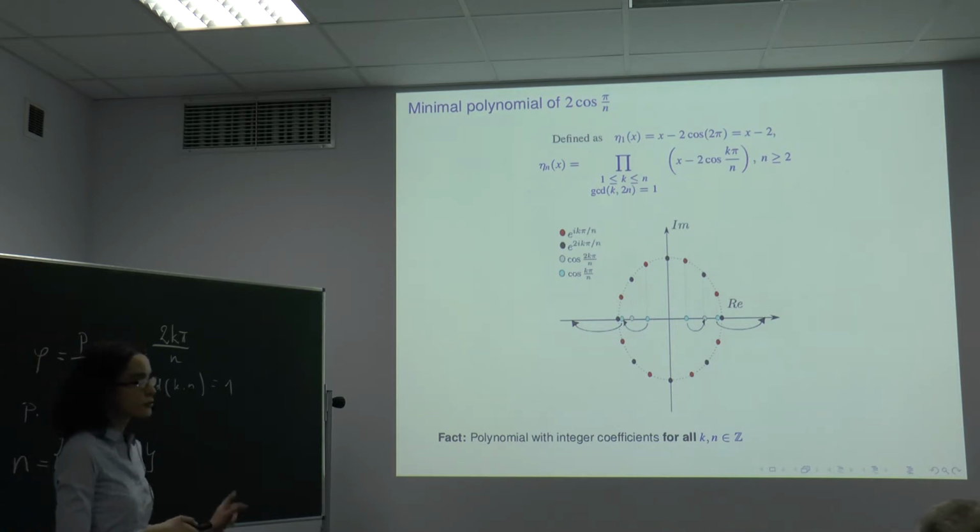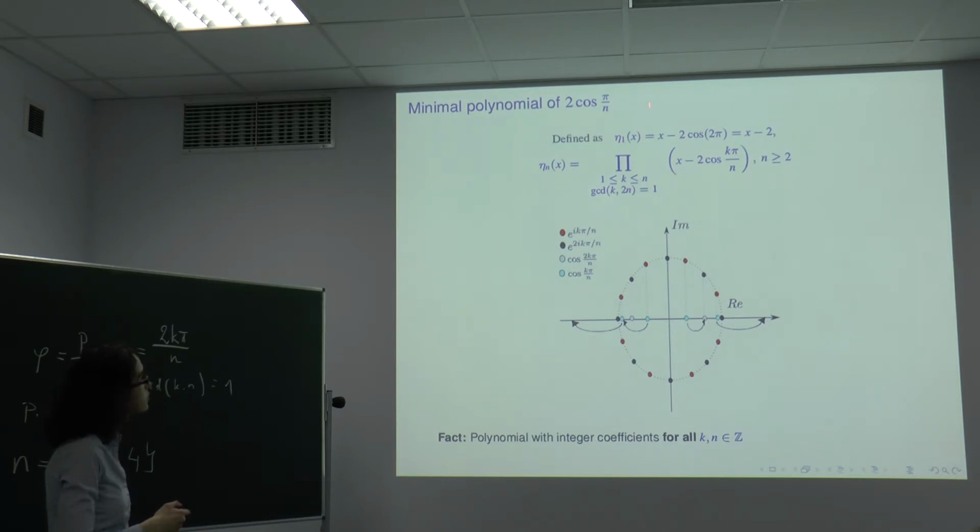As for the roots of these polynomials, I will present them in this picture. This is the plane of complex numbers, with real part and imaginary part, and the red dots represent the roots.